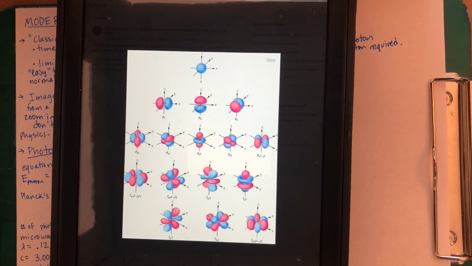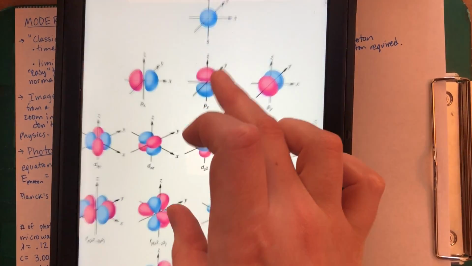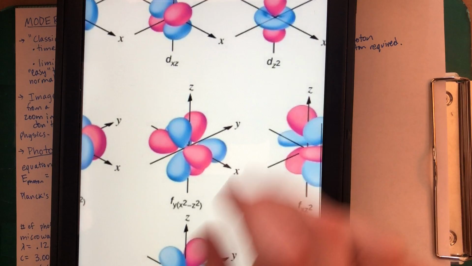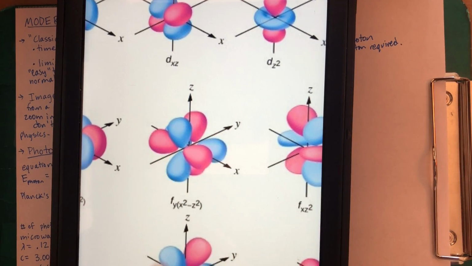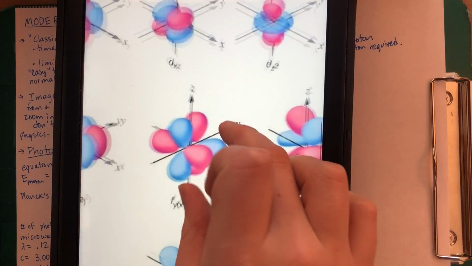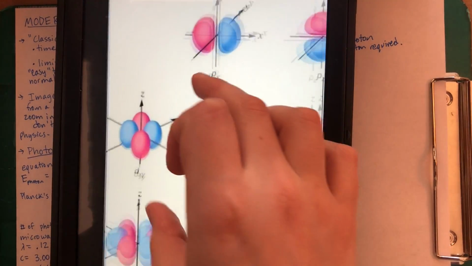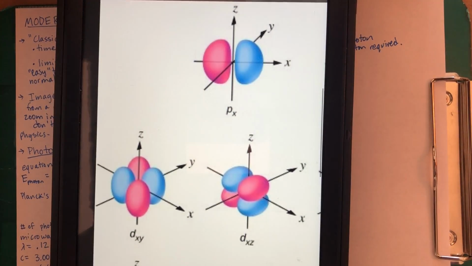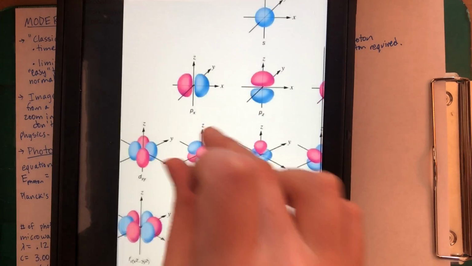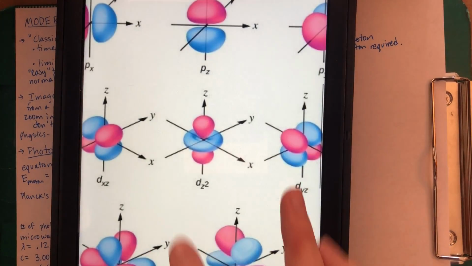And this is showing you the different ways that an electron tends to hang out around the nucleus of an atom. These different shapes almost look like bunches of balloons. But what they are is, they're called the orbitals, and they're just different places where the electron is likely to be around an atom.